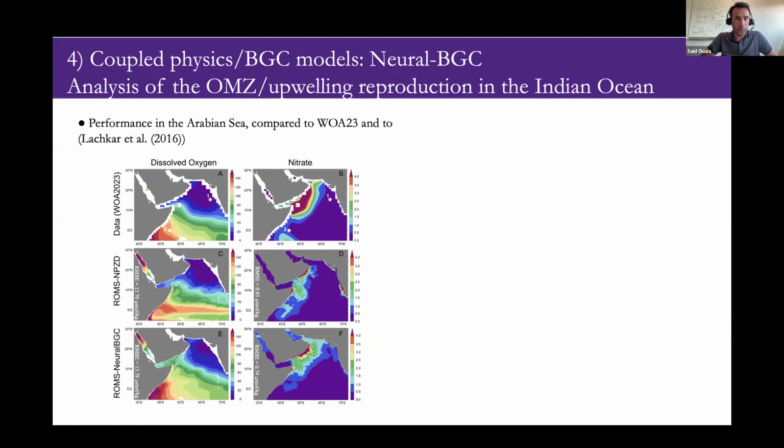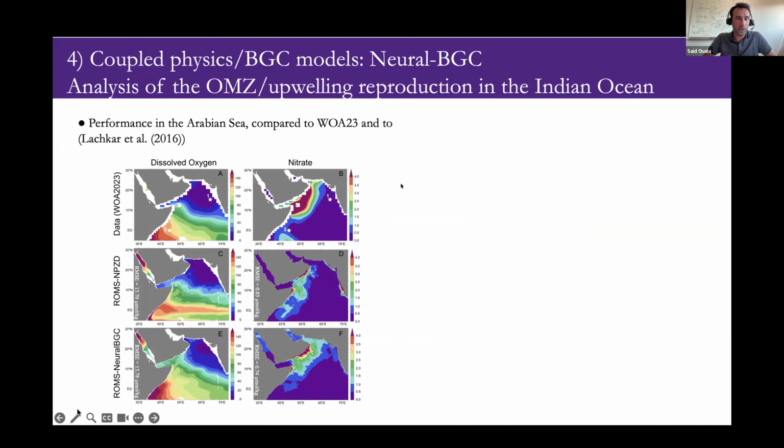The second evaluation was to see whether the hybrid coupled ROMS Neural-BGC model was able to reproduce things like nutrient blooms and intense oxygen minimum zones in both the Arabian Sea and the Canary upwelling system.